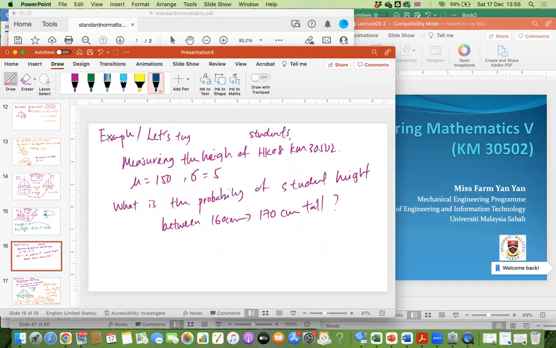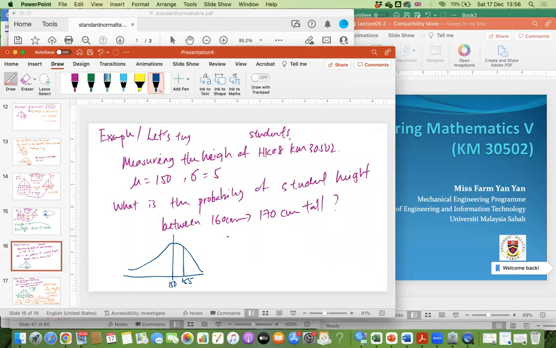Okay, let's try. I'm measuring the height of the students in this class, and the mean is 150 with a standard deviation of 5. What is the probability of student height between 160 and 170? So what should I do? Very simple. First, I draw the bell curve out, and I have 150, and my standard deviation is 5, so 155.